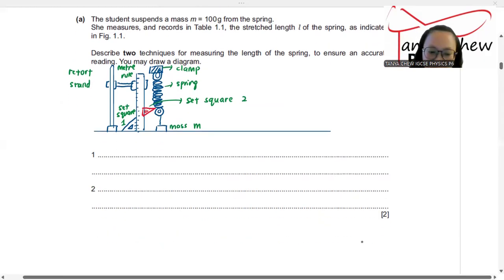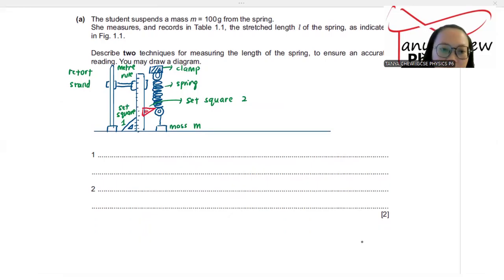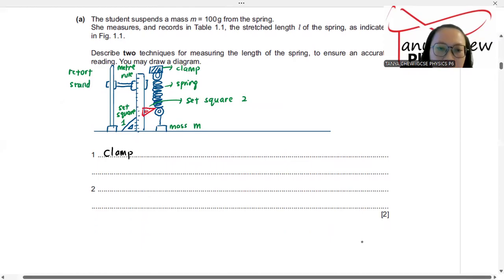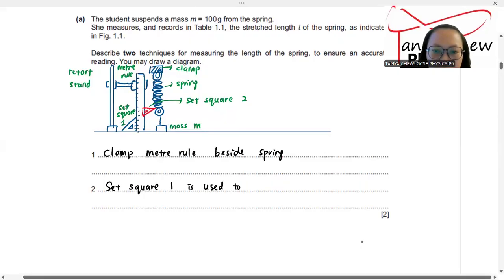Now, the technique that I am going to write here is: clamp metre rule beside spring, and then use set square 1. Set square 1 is used to make sure the metre rule is vertical.